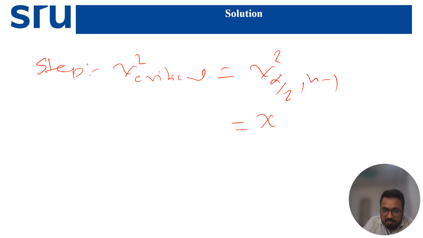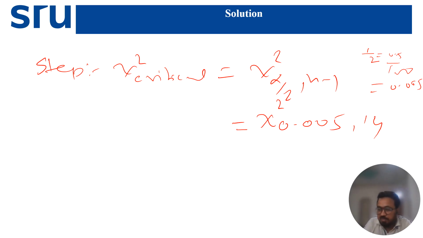So we find chi-square alpha by 2, that is 0.005, because 1 divided by 2 is 0.5 by 100, so this will be 0.005, with 14 degrees of freedom because n equals 15. From the table we can find that this is equal to 29.14.